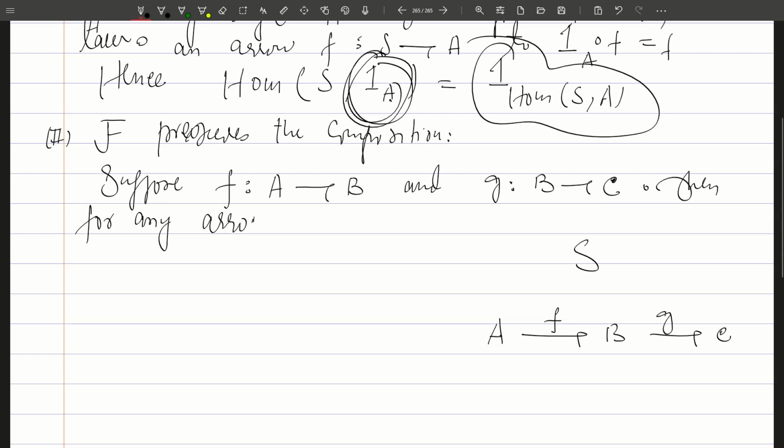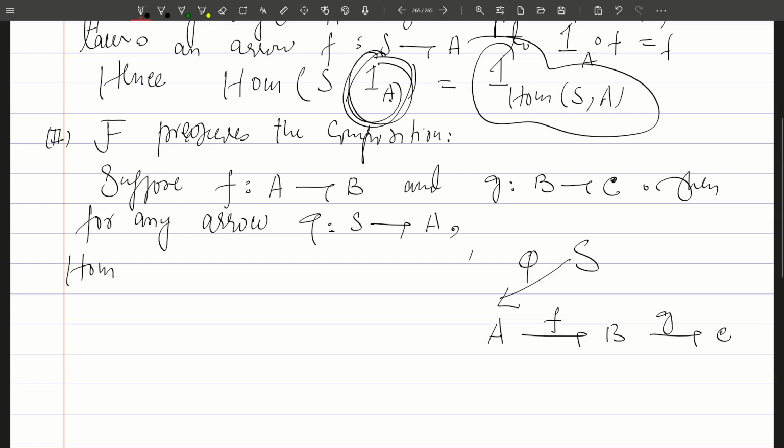Then for any arrow, say phi from S to A, so we have a morphism phi from S to A. Let us look at this map.